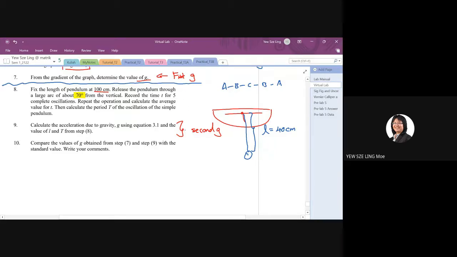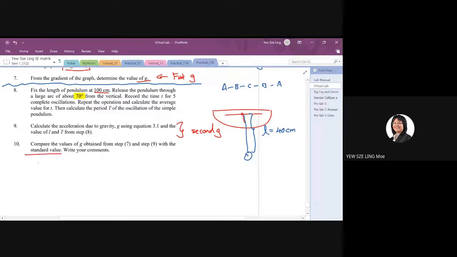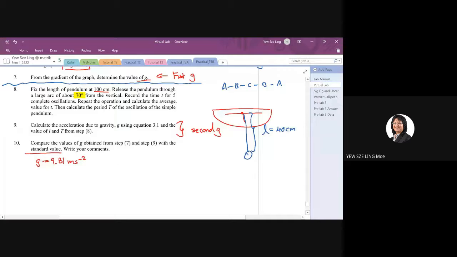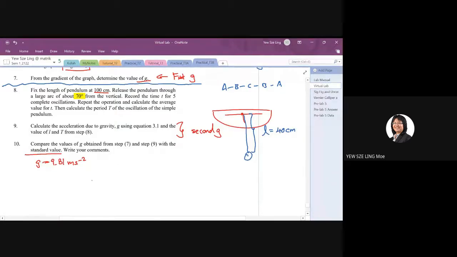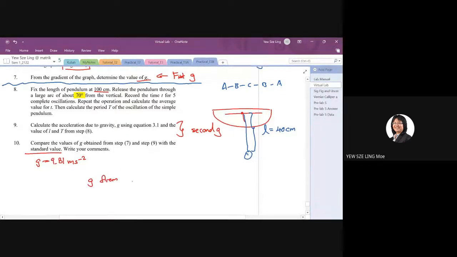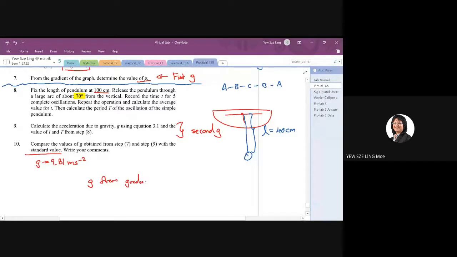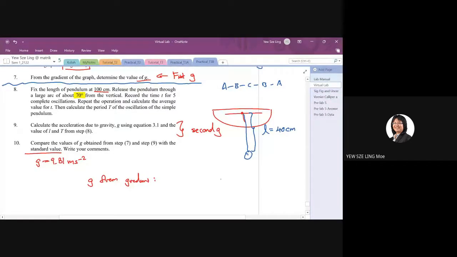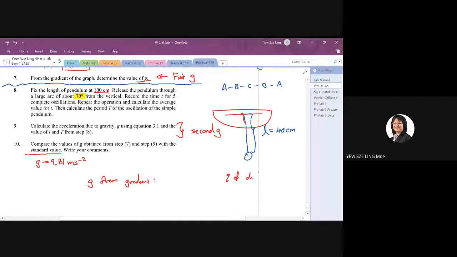Okay, you obtain 2 g, and then you compare both of them with the standard value, which is g equals 9.81 m s^-2. So you have two sets of data. First, g from graph, g from the gradient. Then you calculate the percentage of difference.